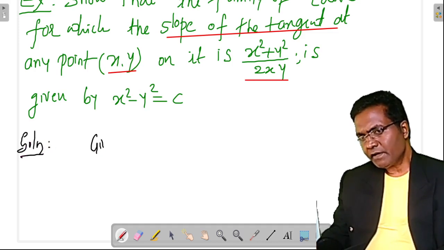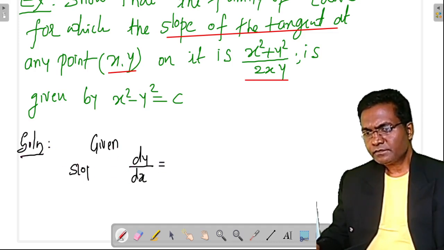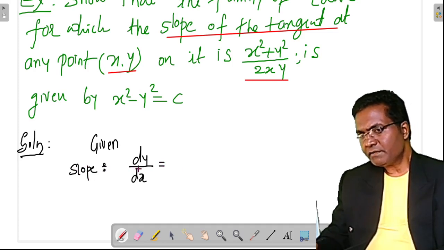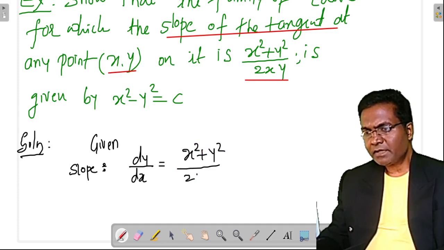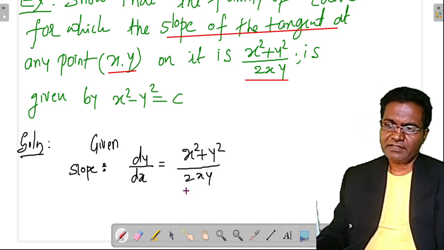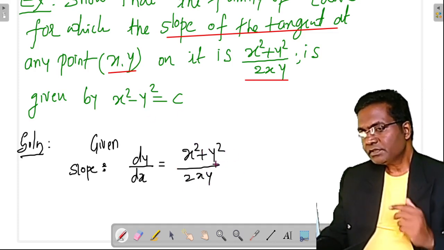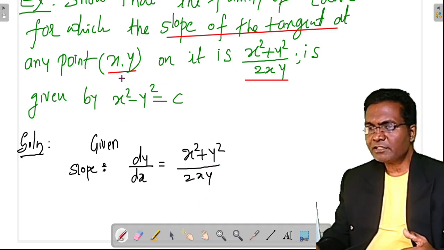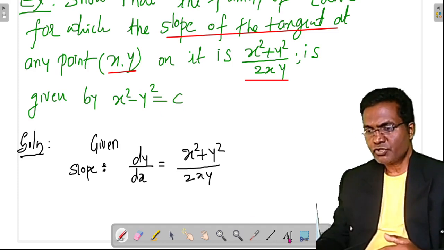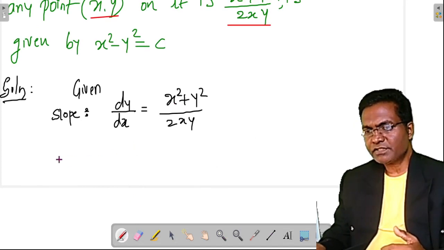So given slope at any point, that is dy by dx, is given to be (x square plus y square) by 2xy. Now you have to find for which curve this is the slope. Means you have to show that on solving this differential equation, the general solution is this much. Very simple. Clearly this is homogeneous.